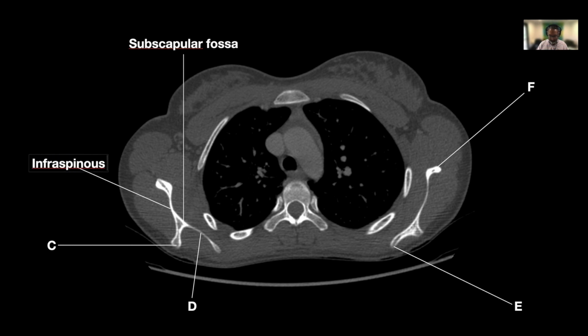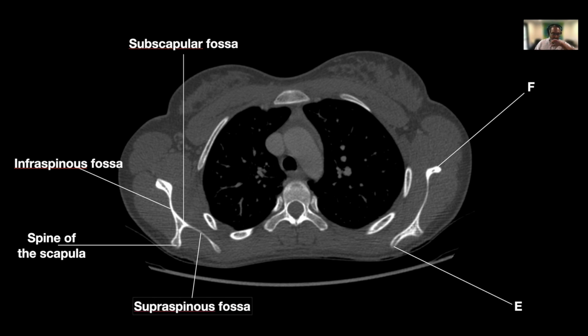It is the infraspinous fossa. Correct. Spine of the scapula. Correct. D would be the supraspinous fossa. Correct. It's the medial border. Correct.